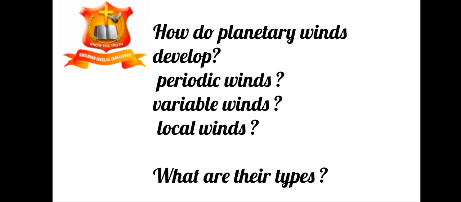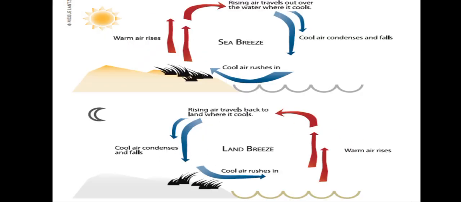Therefore, cool breeze blows from sea towards the land as sea breeze. At night, cool breeze blows from the land towards the sea as land breeze. The large mass of moisture bearing wind that blows from the sea towards the warmer land is called monsoons.